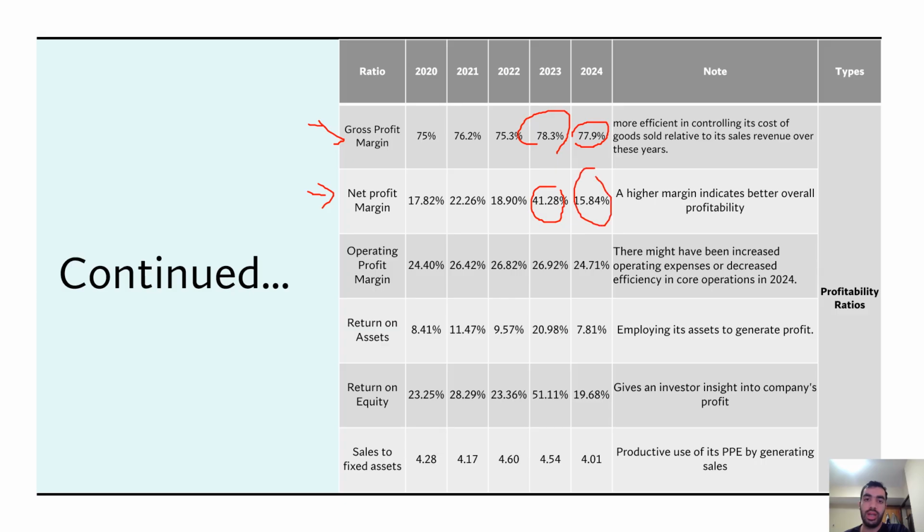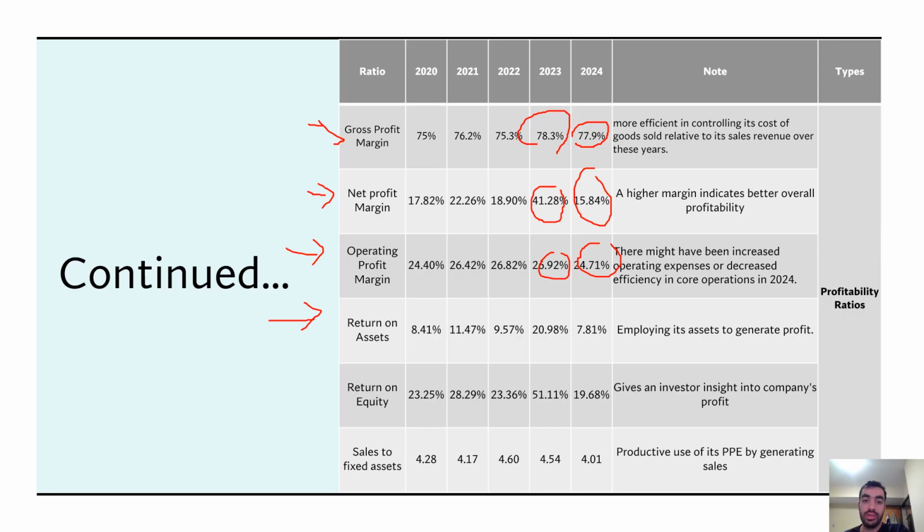If we look at the operating expense profit margin, it's stable with a slight upward trend until 2023, then decreasing in 2024, indicating potential challenges in maintaining operational efficiency.